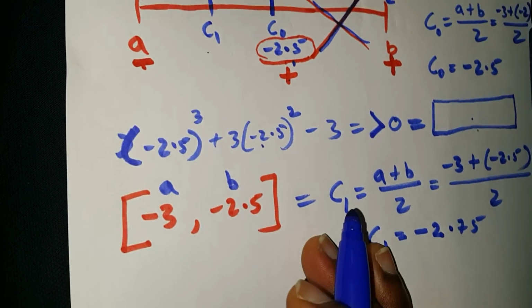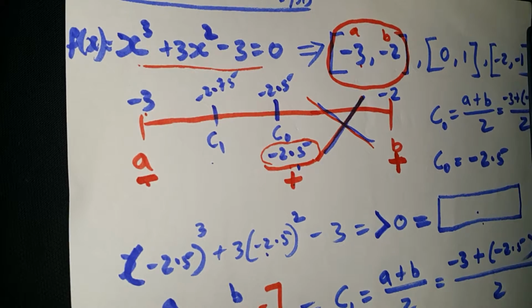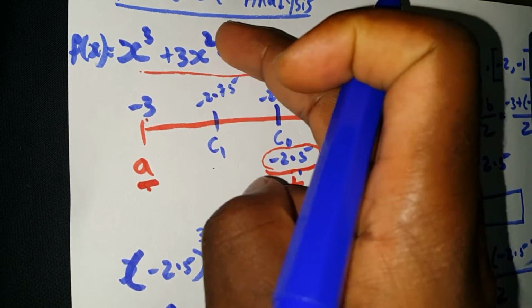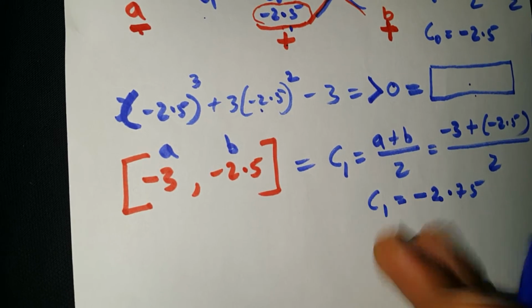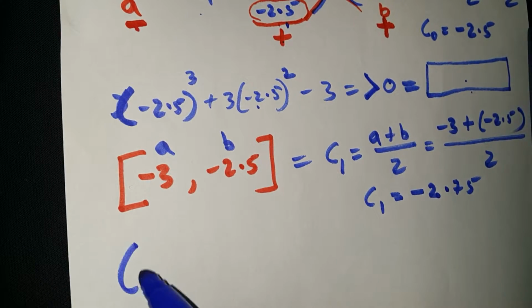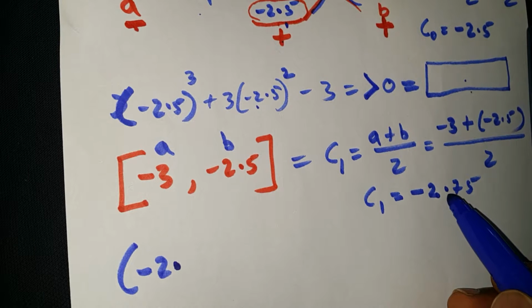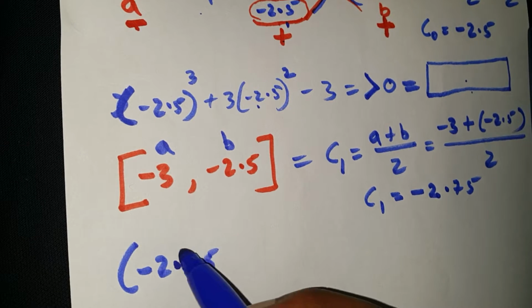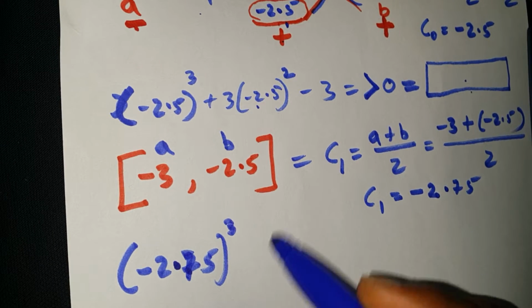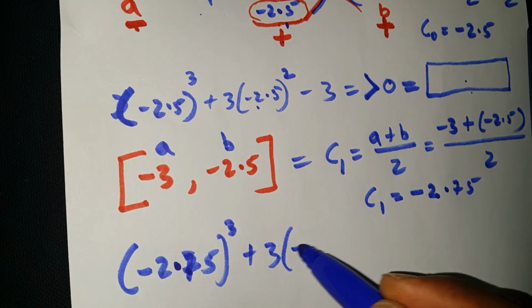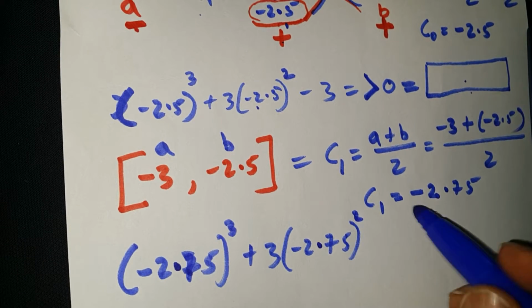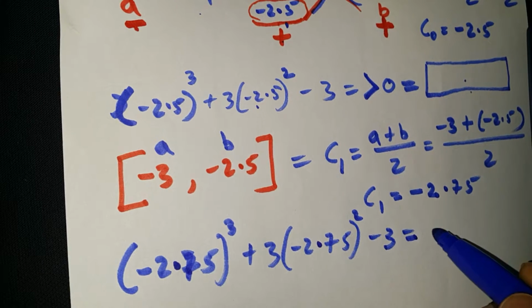So we are putting this value into the function. It is now minus 2.75 cubed plus 3 times minus 2.75 squared minus 3 is equal to 0.